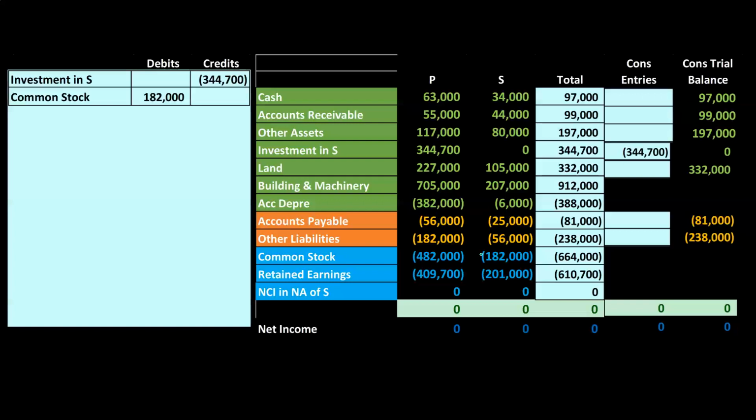But we're going to be removing the entire thing. We're going to do the full consolidation and then represent that portion, the non-controlling interest, in one account. So this part is actually easier that way, because even though I only have a 90% interest, I'm going to remove all of the equity. So same process as if it was 100%.